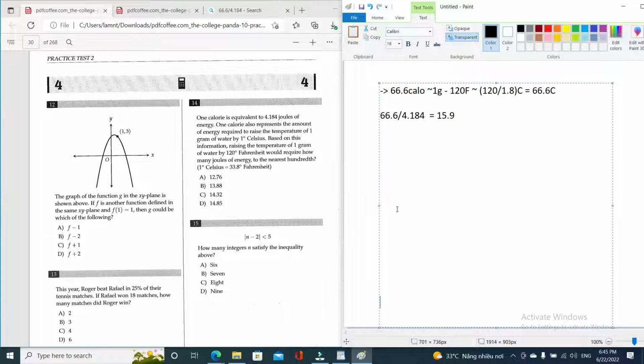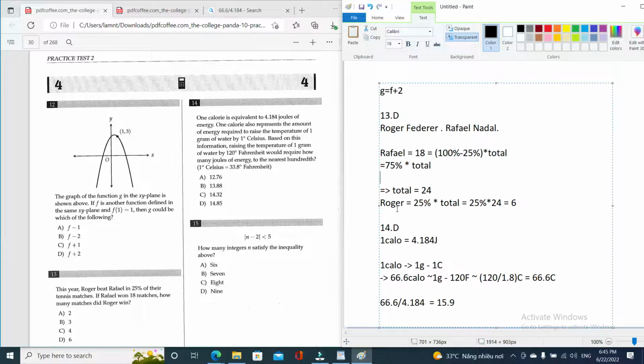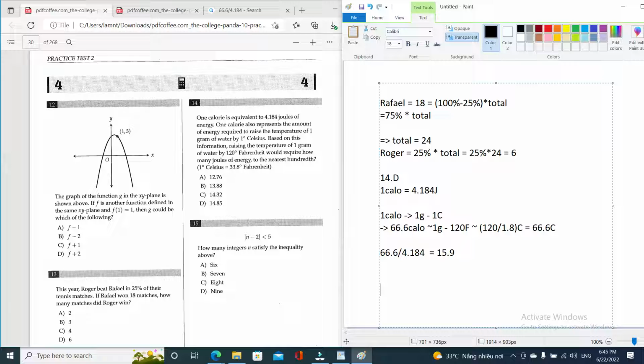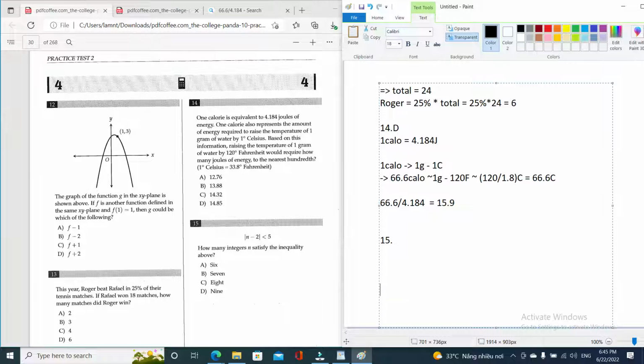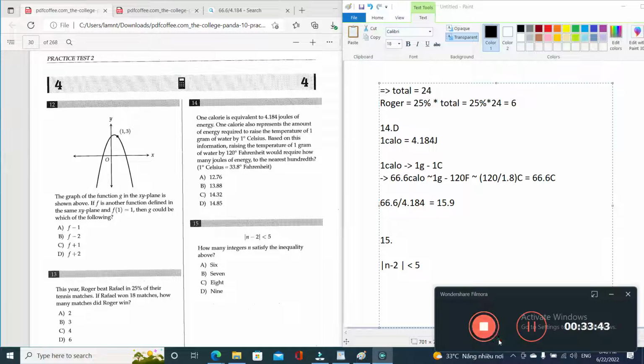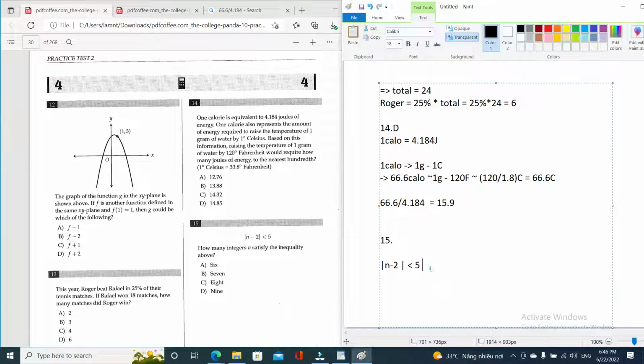So let's finish number 15. They asked about the integers that satisfy the inequality: the absolute value of n minus 2 is smaller than 5. It's smaller, so it has to be within the boundary. So minus 5 is smaller than n minus 2, which is smaller than 5.